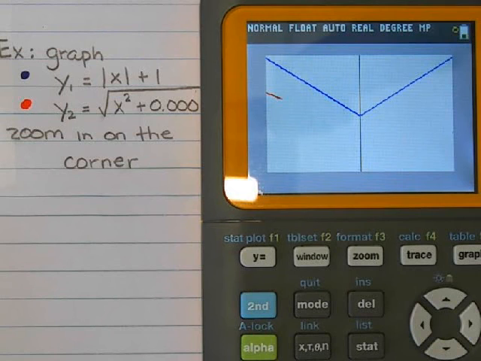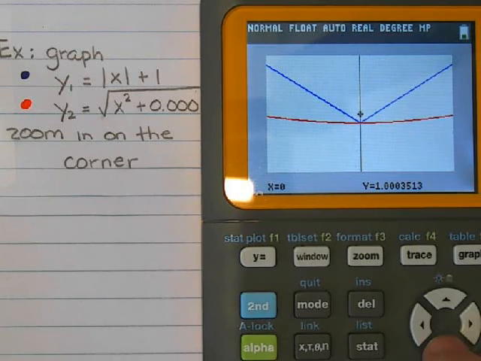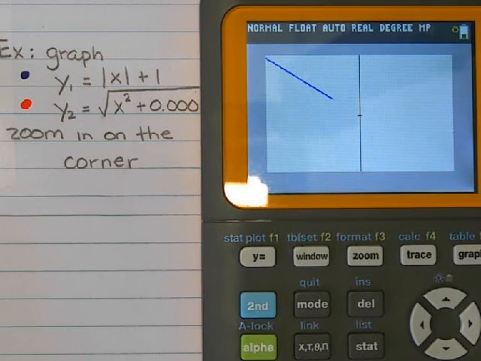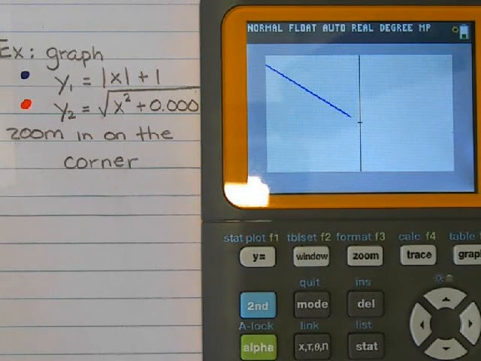Okay, absolute value graph, square root graph. Zoom some more. Absolute value graph, square root graph. Let's zoom again. Okay, that square root graph is looking linear right at that corner right now.